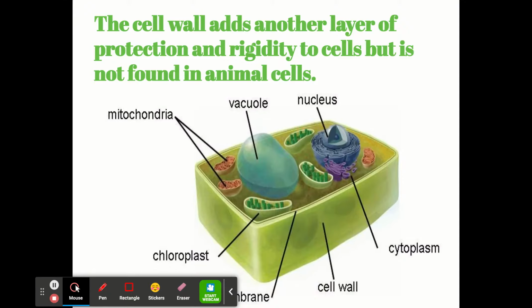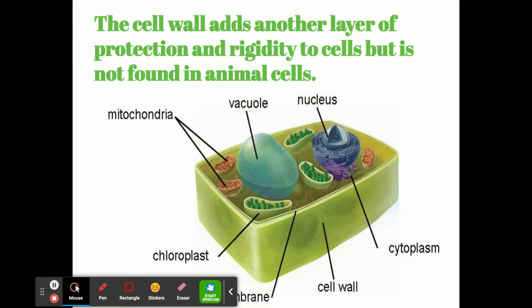And it has a different structure. You know how the cell membrane is proteins and fats, lipids. The cell wall is typically a different substance, and it depends on the organism you're looking at. In plants, cellulose is mainly the main component of the cell wall.